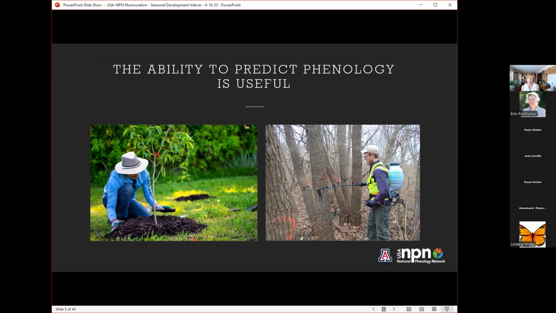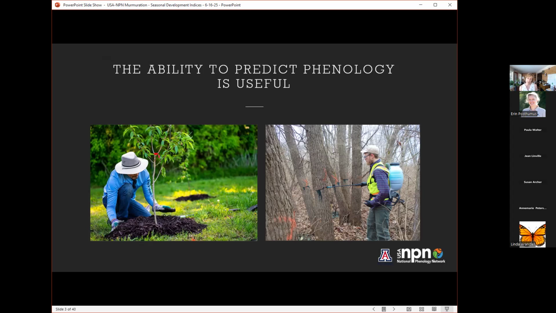So we have a lot of examples from the agricultural world where, if you plant at a certain time, you typically know when you put the seeds or the seedlings in the ground, and you are able to then anticipate when the crop is likely to ripen and require harvest.